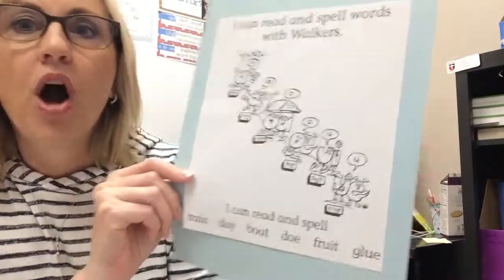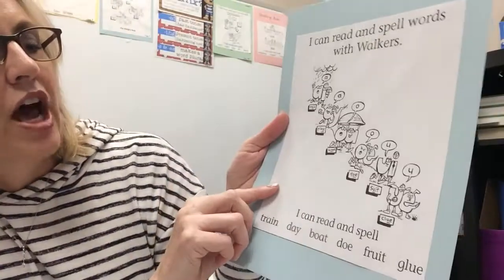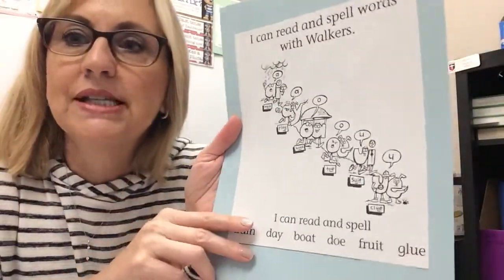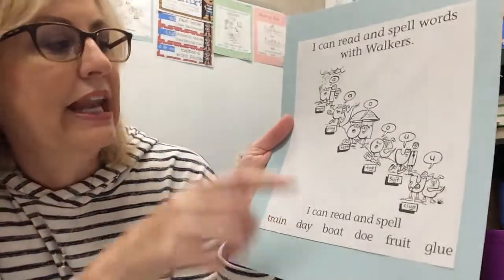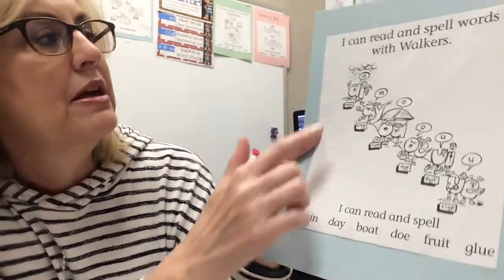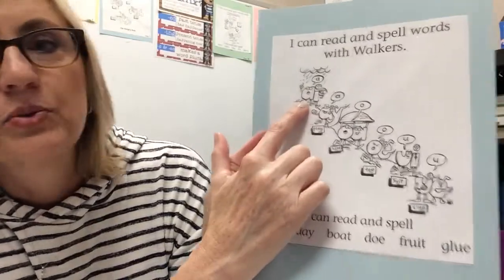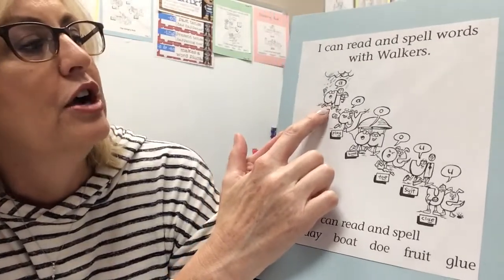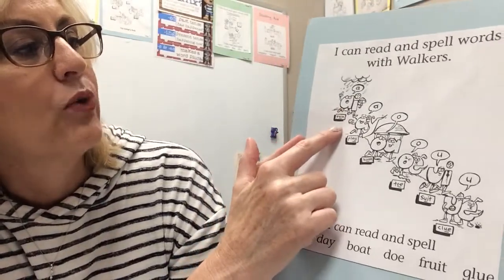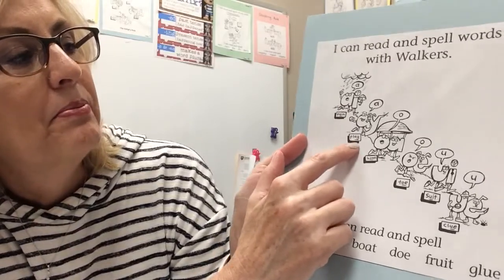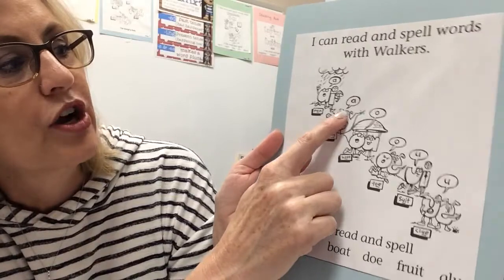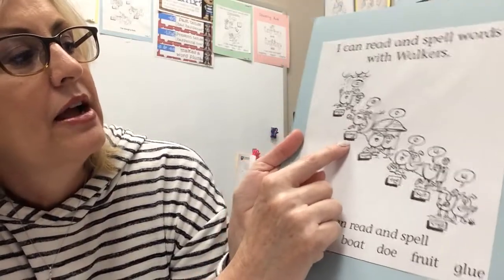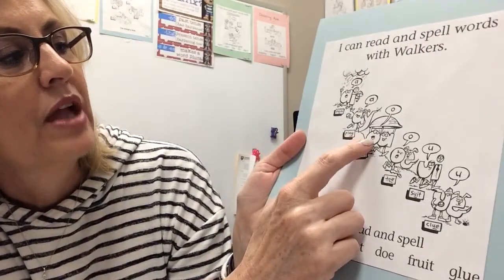The other type of vowels that we've worked on are the walkers. So these are words where we use the saying when two vowels go walking, the first one does the talking, and it's going to say its long name. So AI, the first one is an A, so he's the walker. So he makes the long A sound like rain. AY also makes the long A sound because it's first, it's the walker, does the talking, like play.